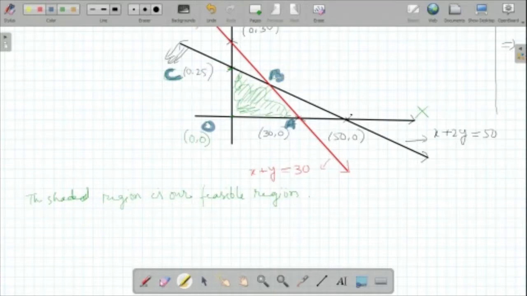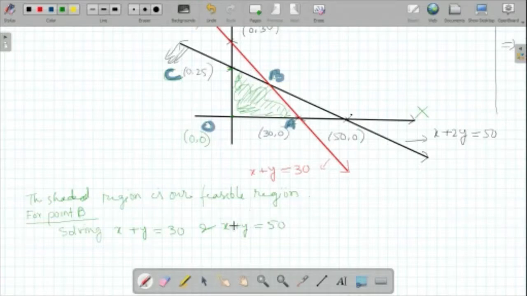Now for B, we solve the red line and the black line. What is the red line equation? x plus y equals 30, and the black line is x plus 2y equals 50.